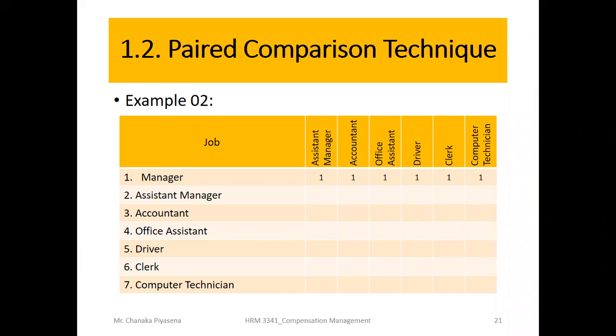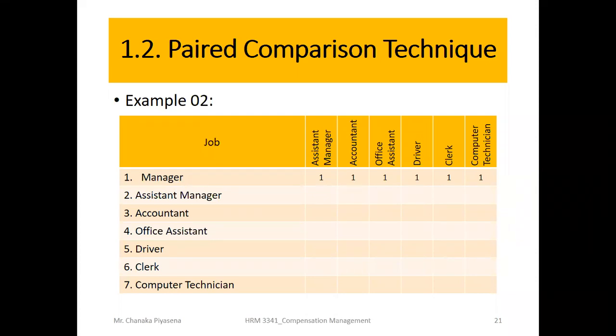The fourth column, the job of manager is compared with office assistant. Again, the most important job is the job of manager. Then the next column, the job of manager is compared with the job of driver. The job of manager is more important than the driver.